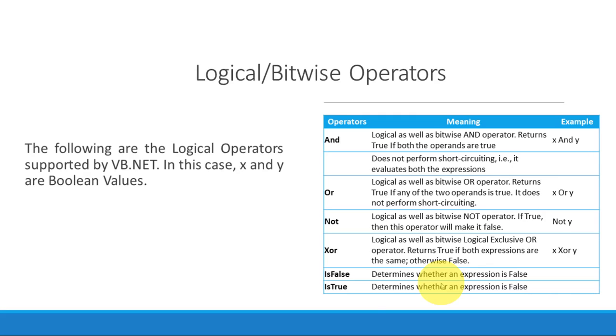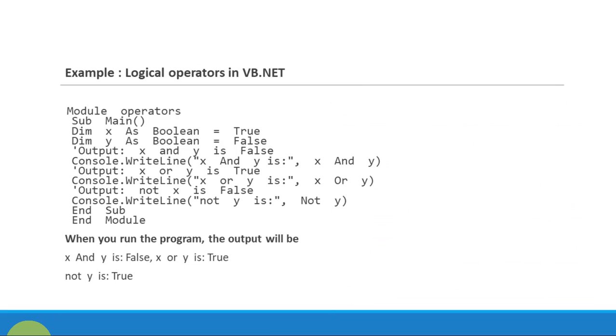So next, this is the example of the logical operators. Let's have a look. Consider x as Boolean, a variable of type Boolean which is assigned a value true, and y is again of type Boolean, assigned a value of false. Now let's see x and y.